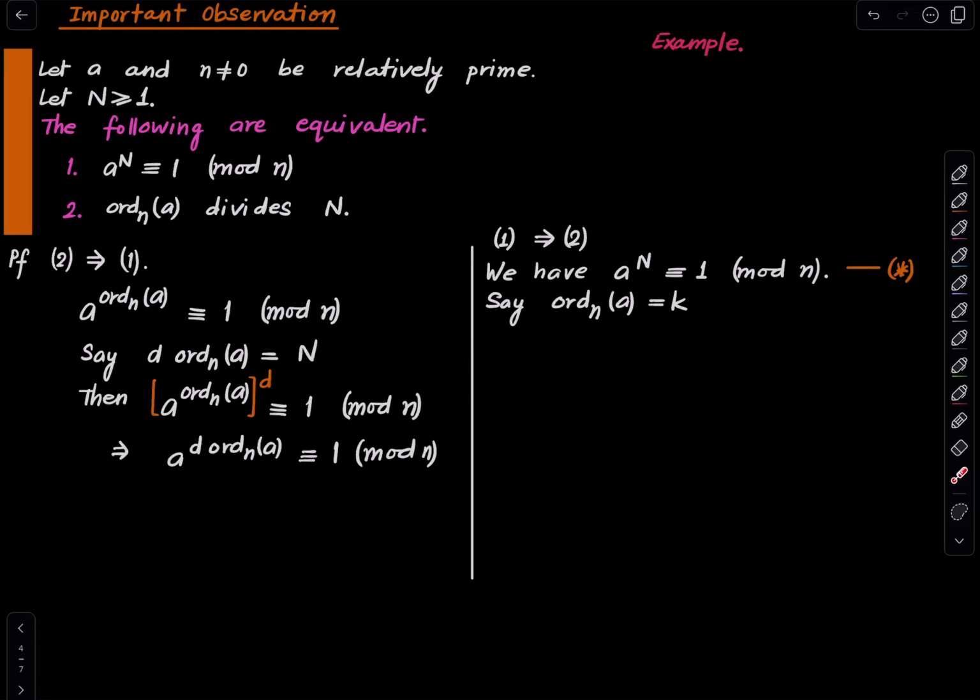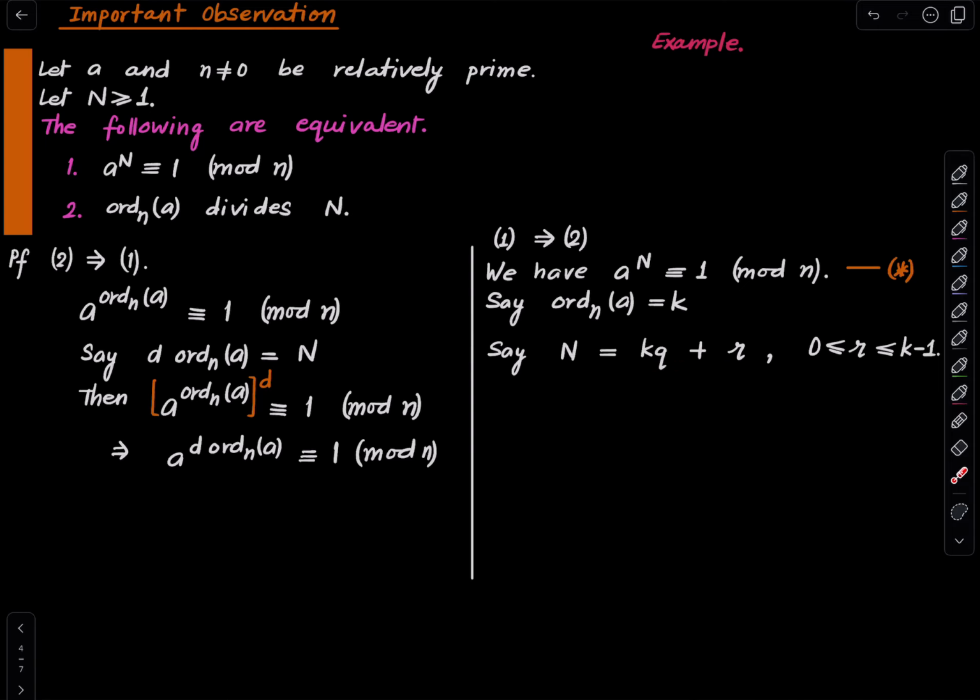We want to show that k divides capital N, so we will use the division with remainder theorem and show that the remainder is 0. So say capital N is kq plus r, where r is in this range. The division with remainder theorem ensures that you can write capital N in this way.